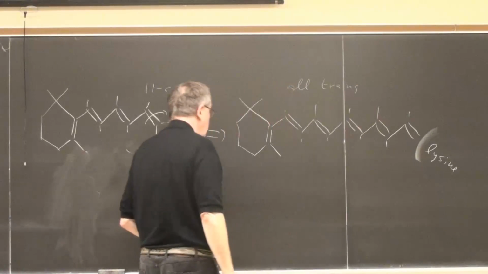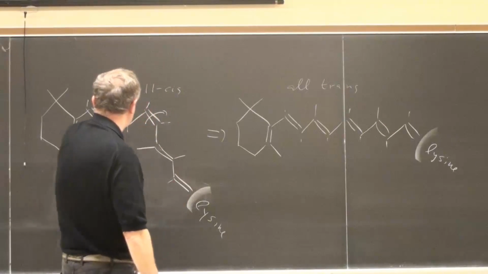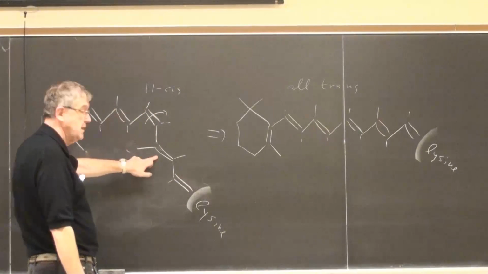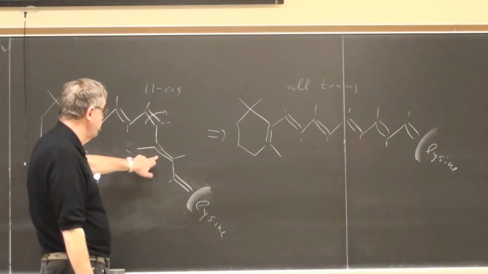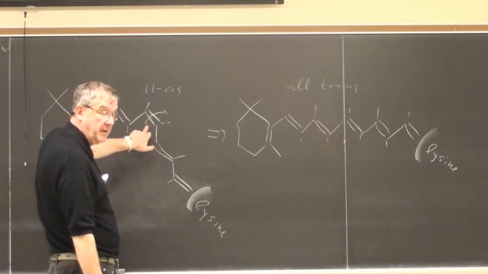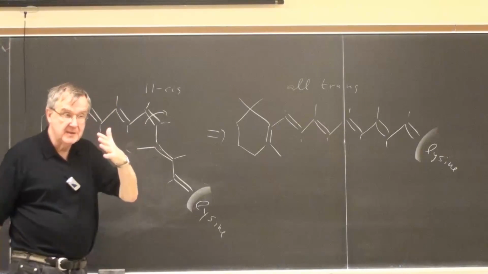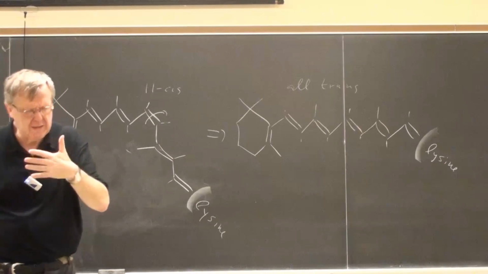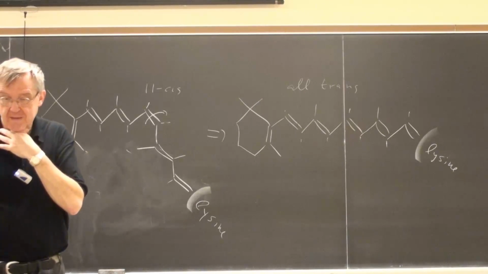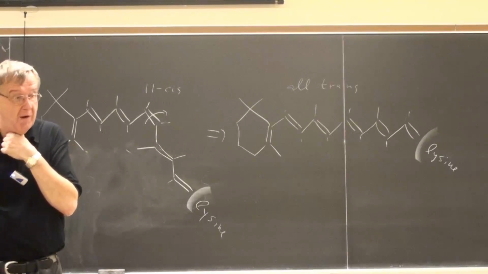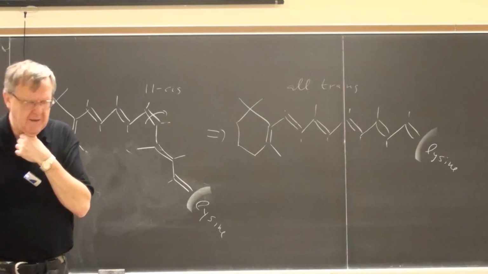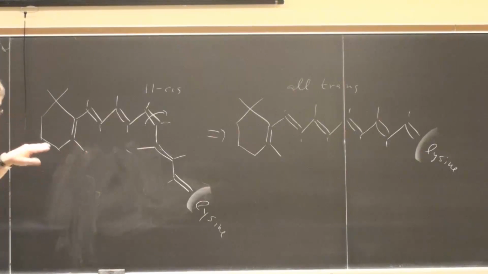But why don't you rotate around this bond or around this bond? Why do you rotate around this bond? That is what is designed into the system with our eye, so that you are picking this particular bond for rotation.